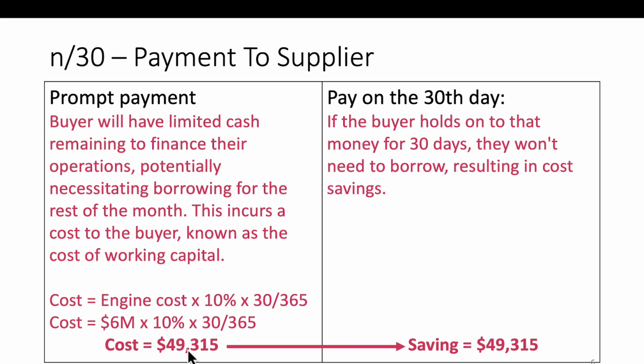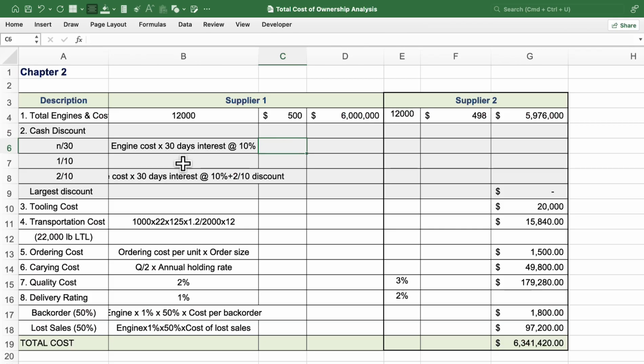So this cost will become saving. If the buyer makes the payment on the 30th day, then our calculation will become engine cost, that's $6 million, multiplied by 10% cost of capital, which means 0.1, multiplied by 30 over 365. So that becomes $49,315.